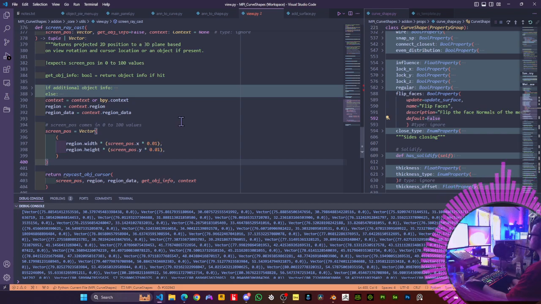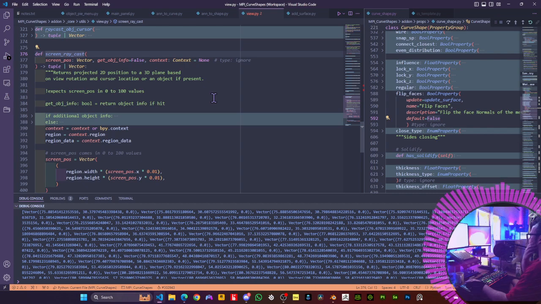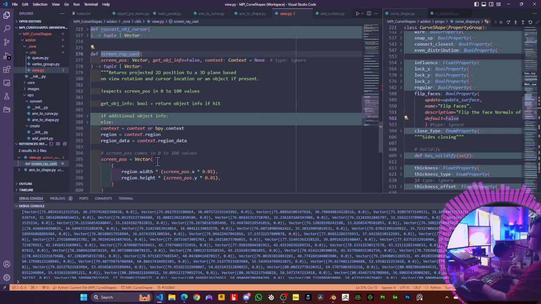Why do you expect screen pause in 0 to 100 values? Because I was using this somewhere else, right? And that's why it's failing. Yeah, but now I'm just using it there.